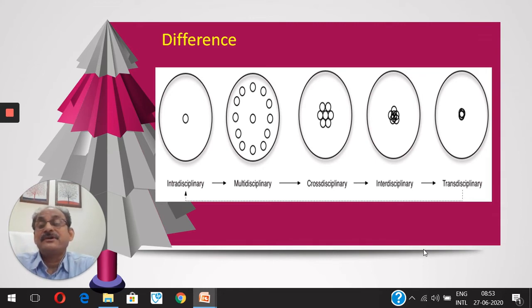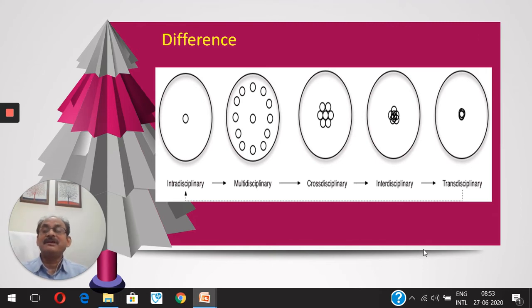If you see the figure of the third circle, that is called cross-disciplinary. In cross-disciplinary, all the subjects are taken together. We can share something from A, from B, from physics, from chemistry, from biochemistry, from zoology, from botany, from economics, from social science, and other things.